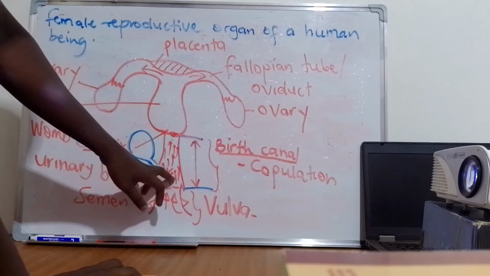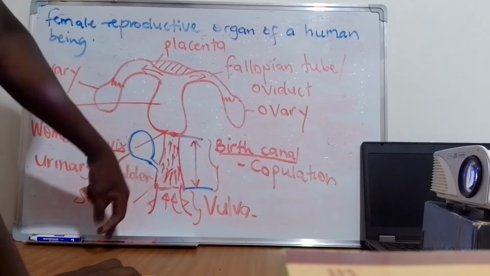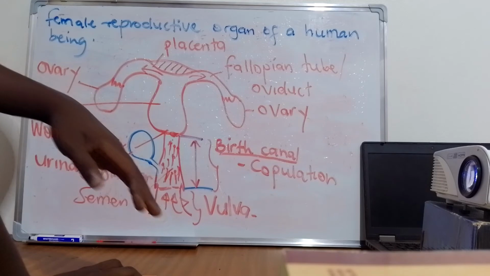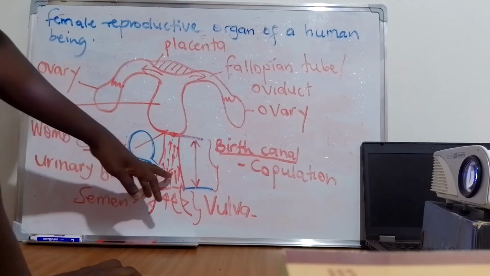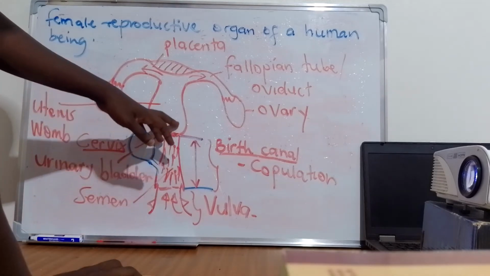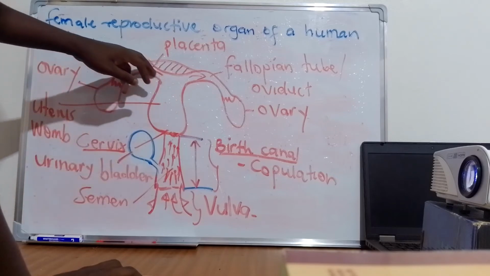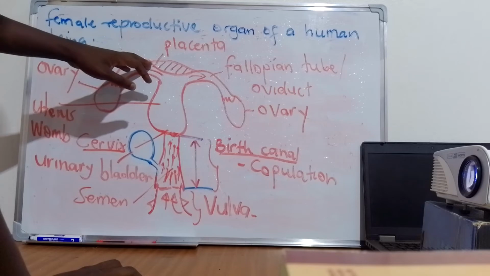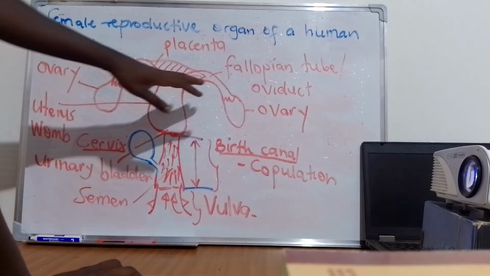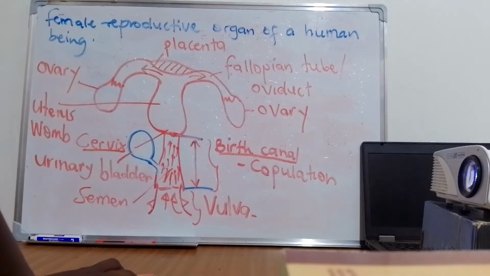It is powered into the birth canal and it comes back later. Before she has become pregnant, the semen goes into the uterus up to some point in the oviduct. In case there is an ovum, then we expect fertilization to take place.